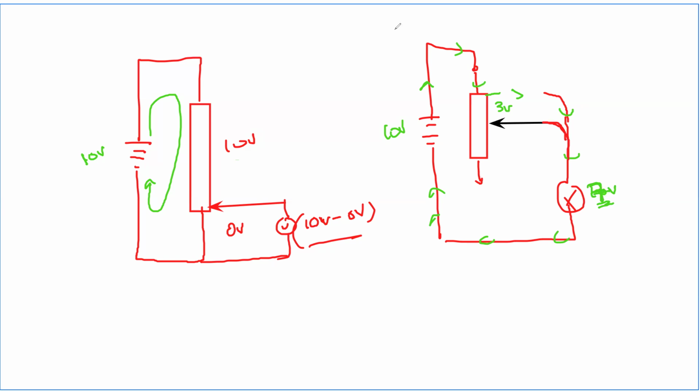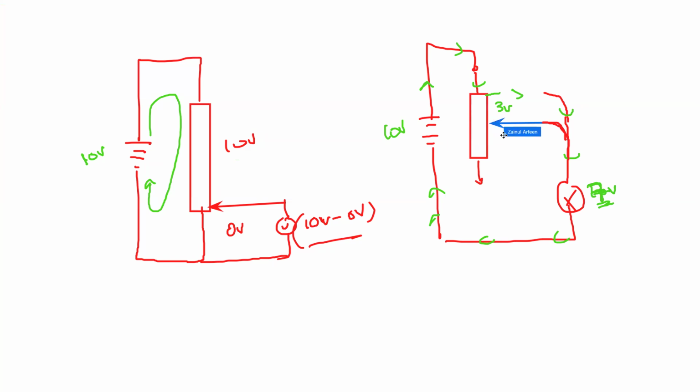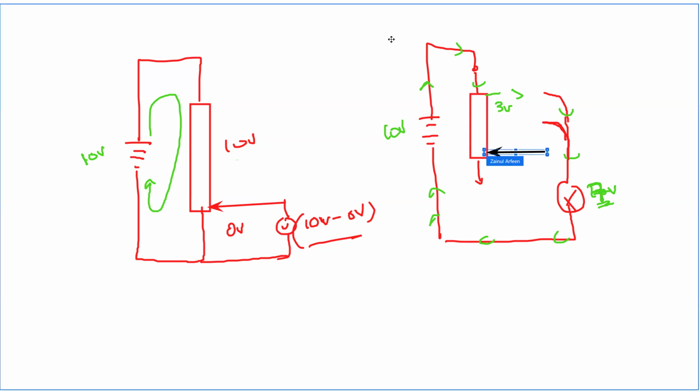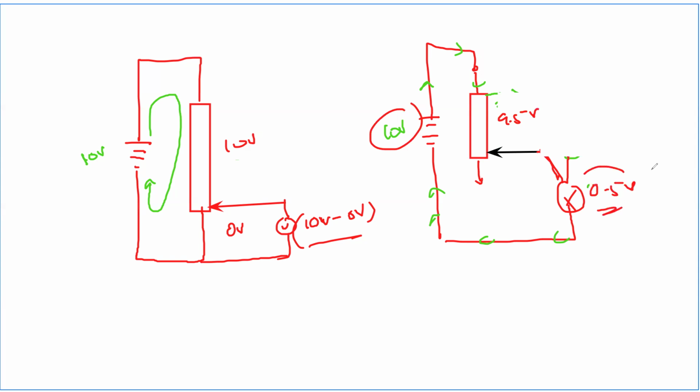Then when we move the sliding contact further down, because the lamp also has some resistance, the total is 10, but that total will still divide between them, with most of it across the variable resistor. If the total is 10, maybe 9.5 is here, so the remaining 0.5 is here. So across the component, you can never reach 0 volts when you're using it as a rheostat.